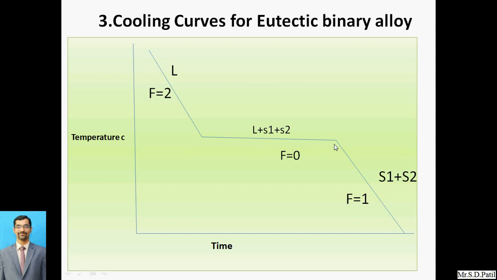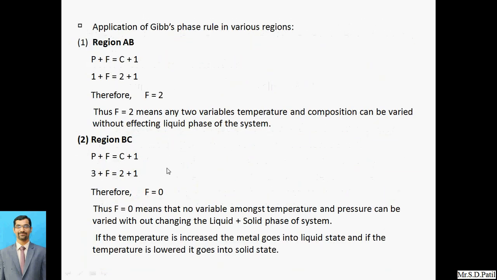From B to C, the phases are 3 and the components are 2, so we have to find F. Here again the pressure is kept constant, that's why in the Gibbs phase rule we have taken the 1 as a constant over here. If the pressure is not constant, we are not doing this procedure for constant pressure, then this term will be 2.